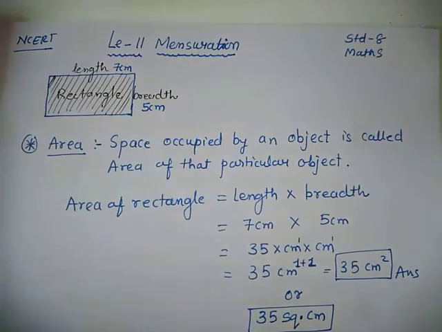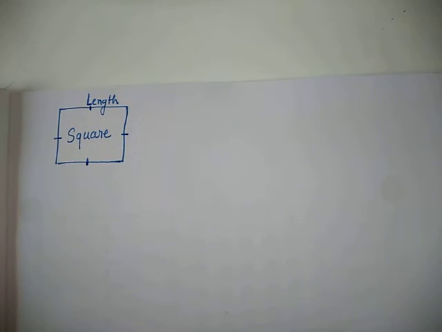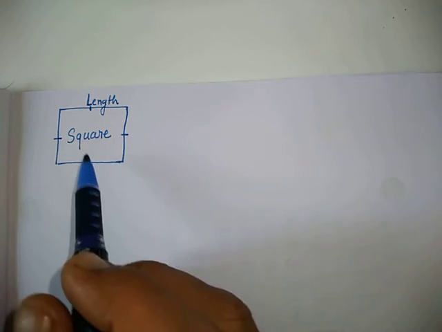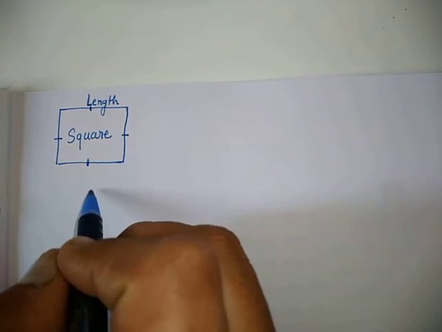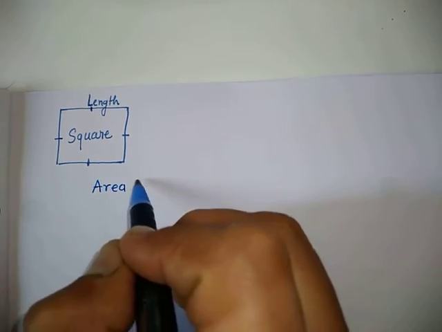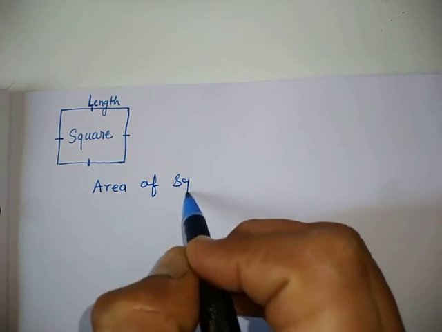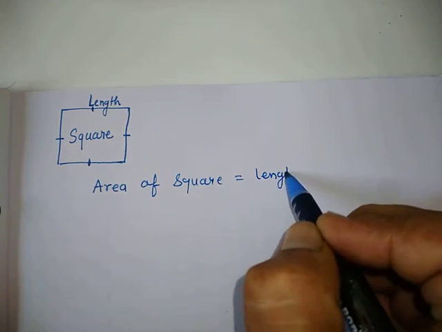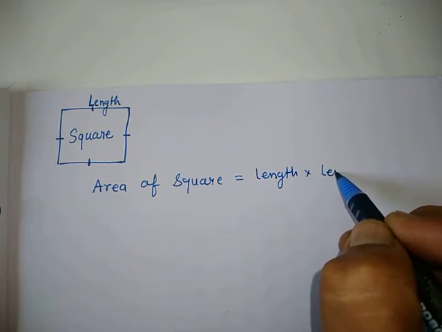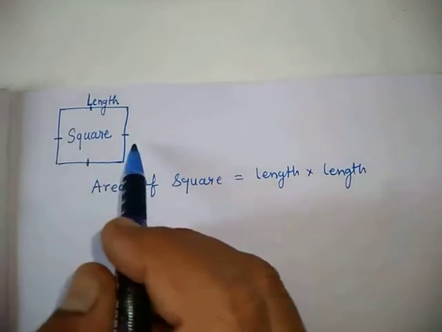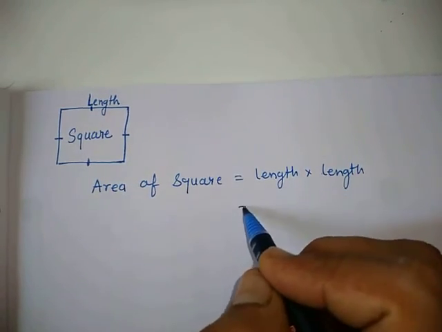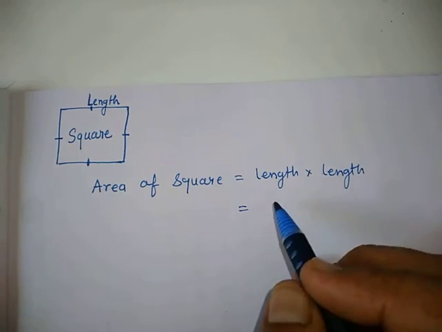Now we proceed to another shape, that is square. As you all know, in a square all four sides are equal, so area of a square means length multiplied by length, or we can say side multiplied by side, or we can say L square. So L two times means length two times.